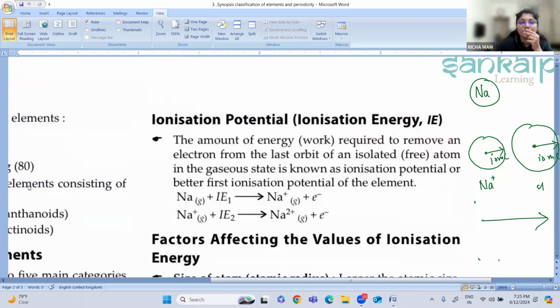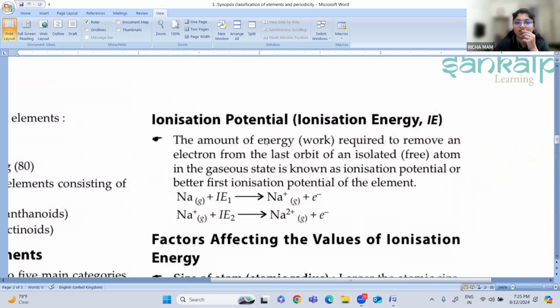Next, we will see what is ionization potential or ionization energy. It is the amount of energy required to remove the electron from an isolated atom in the gaseous state. Suppose I take sodium. What is the electronic configuration? 1s2, 2s2, 2p6 and 3s1.